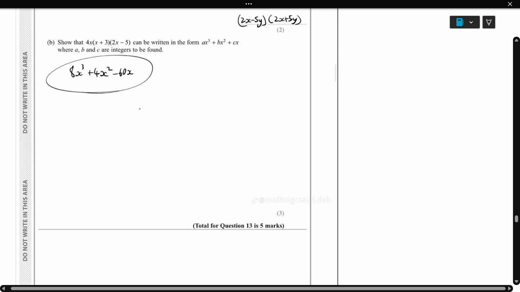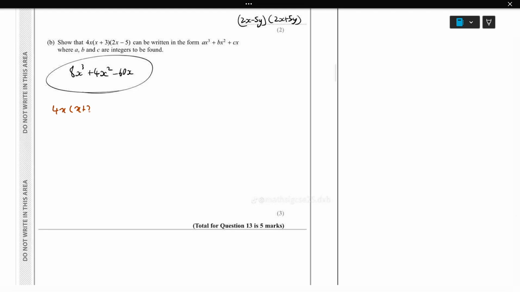Next, to show that, we need to expand this one. So 4x times (x plus 3), and here is (2x minus 5). Expanding, first 4x squared plus 12x. Then the 2x minus 5 here again, I'll multiply 4x squared with both the terms: 8x cubed minus 20x squared plus 24x squared minus 60x.